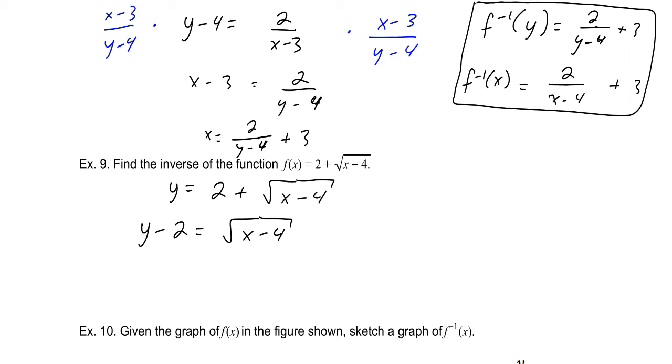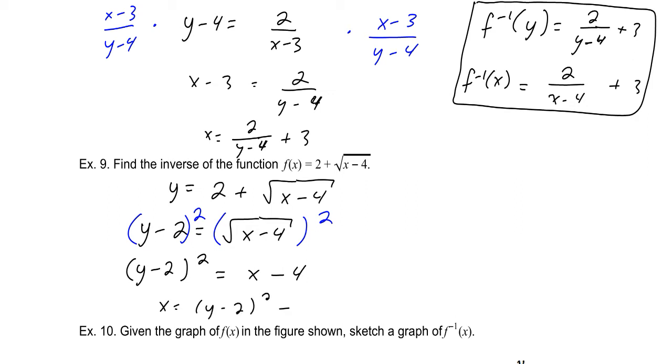Squaring both sides, because we're trying to isolate our x in this case, y minus 2 squared equals x minus 4, and then we will add 4 to both sides. So I'll rearrange this: x equals y minus 2 squared plus 4.